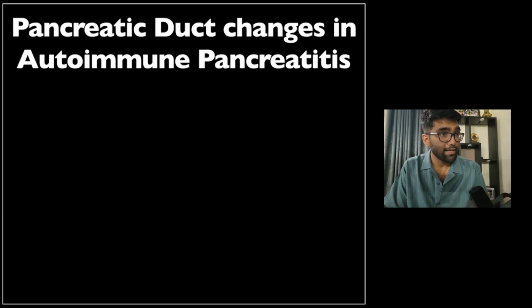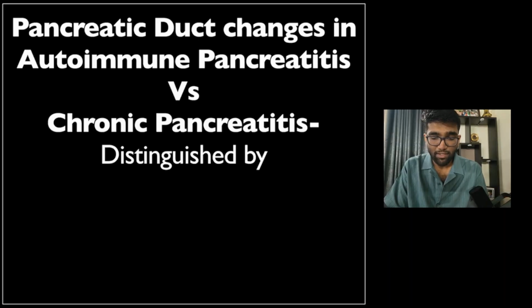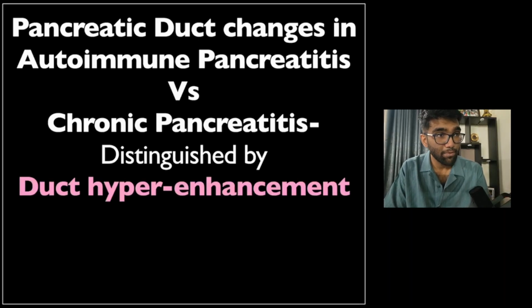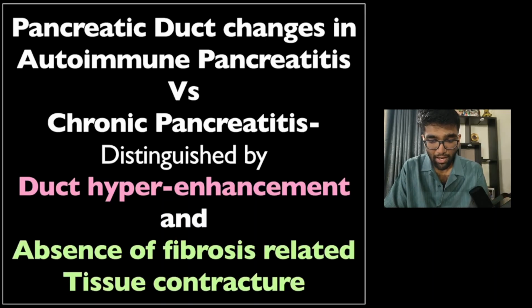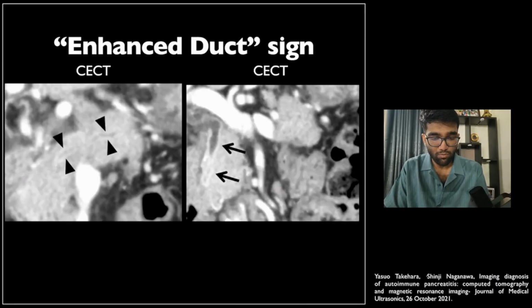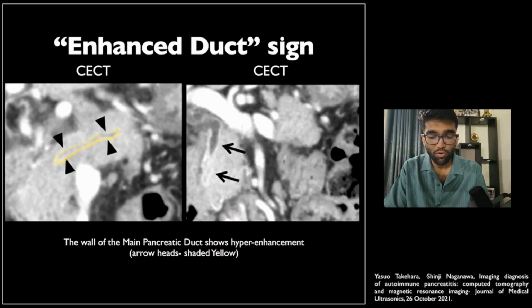Now coming to the pancreatic duct changes in autoimmune pancreatitis versus chronic pancreatitis. So this is primarily distinguished by the presence of hyperenhancement in the duct wall and the absence of, again, fibrosis related tissue contracture. So this is what we call the enhanced duct sign. So both are contrast enhanced CT scans. You see that the enhancement of the wall of the main pancreatic duct is more than that of the rest of the pancreas. It's almost as if the main pancreatic duct has been highlighted.